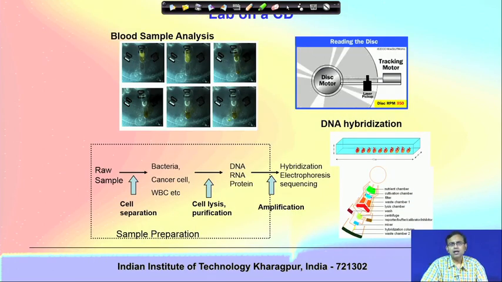The next concept that I talk about is lab on a CD, which briefly we have touched upon earlier. In the lab on a CD, the advantage is that in a paper based device, to do a large number of tests, you need to make a large number of channels on the paper, and there may be a limitation of fabrication and other things.